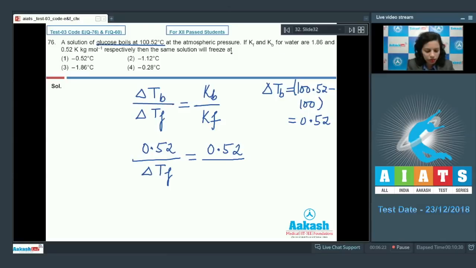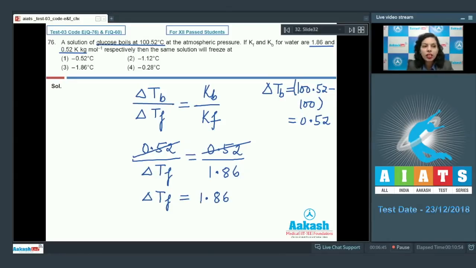These Kf and Kb values are given here: 1.86 for Kf and 0.52 for Kb. So I'm placing the values here, 1.86. It means these two terms would be cancelled out and this delta Tf would be equal to 1.86.